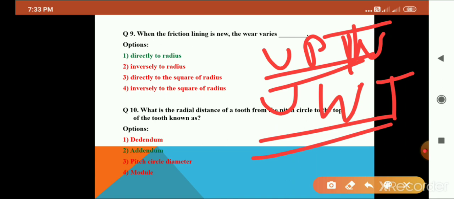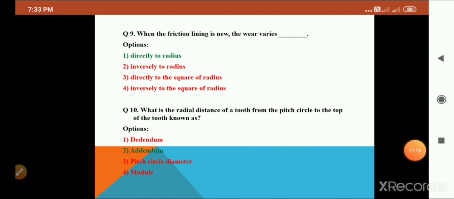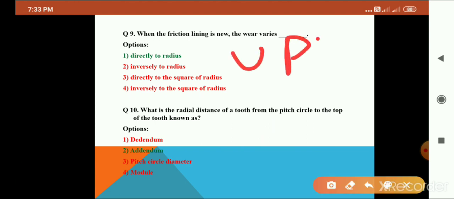Okay, for that question here, as the friction lining is new, we will apply the uniform pressure theory, UPT.